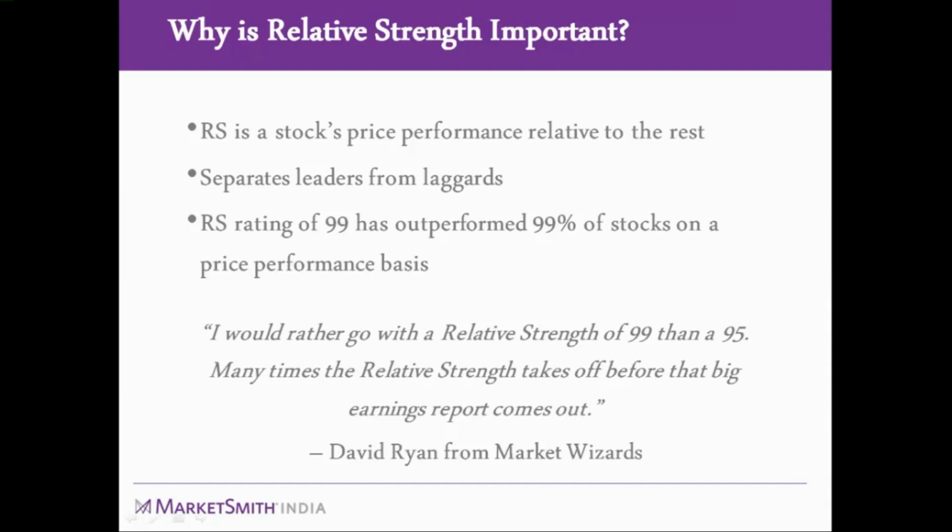If the company is not able to meet street expectations, if it is not able to report good results, the stock will come down. So keep your focus on earnings, and once you have screened all those good quality stocks in terms of earnings, the next step is to identify the leaders in terms of price performance as well.